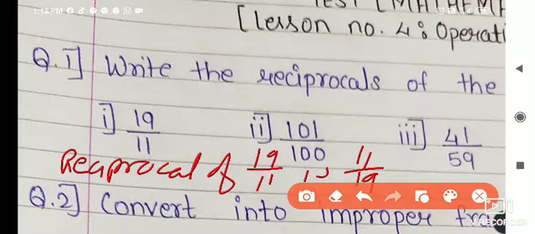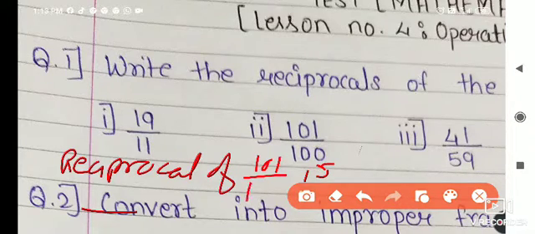Same way, the reciprocal of 101 upon 100 is 100 upon 101. So the question is 101 upon 100, and its reciprocal is 100 upon 101.